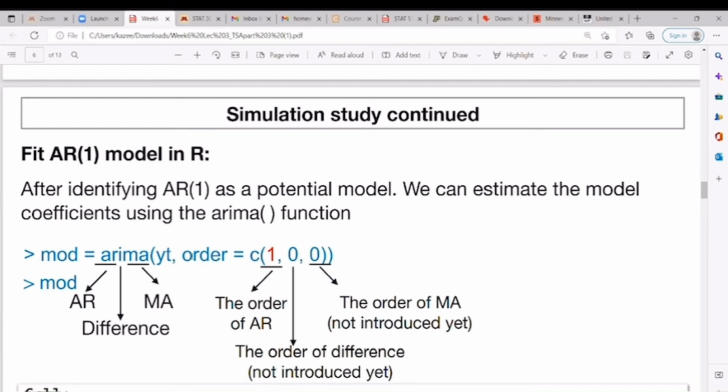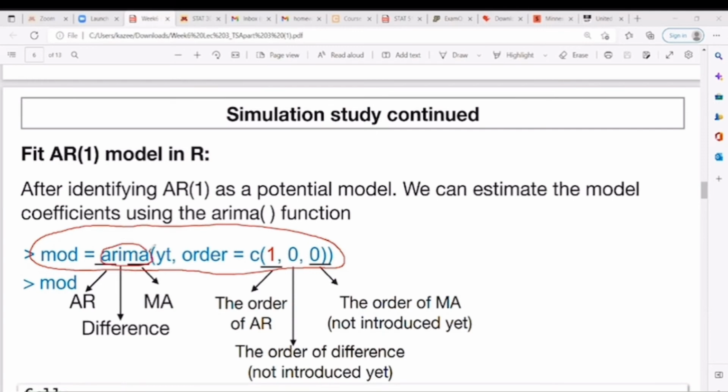And how are we going to do that? This is the code in R. If you want to do that, we call that ARIMA. ARIMA actually means autoregressive integrated moving average model.